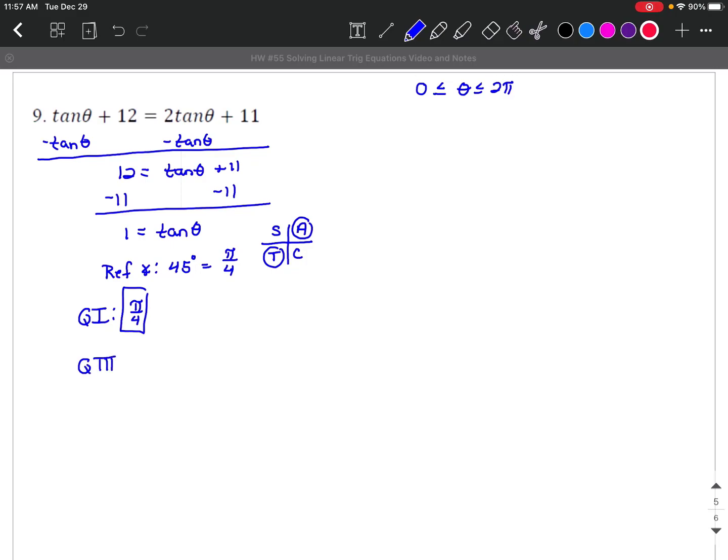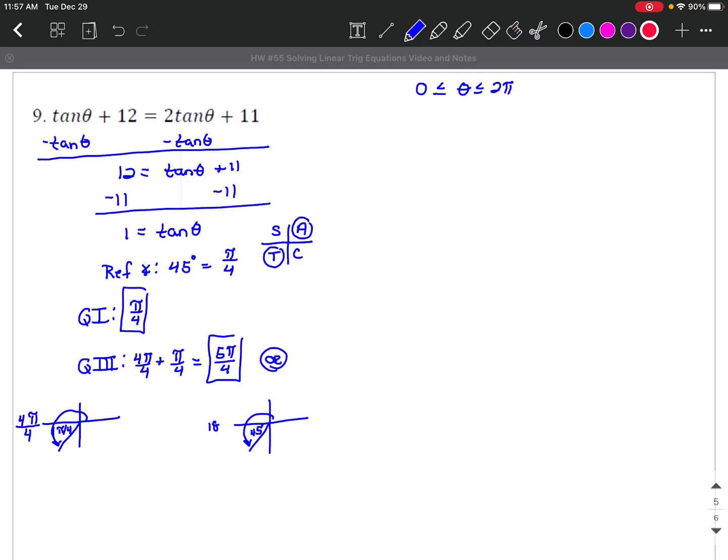And then quadrant 3. So if we're in the third quadrant, that means we went pi over 4 past pi. But pi needs to be written with that same denominator, so it's 4 pi over 4, plus the 1 pi over 4 that we went past it, that's 5 pi over 4. Or, if you're working in degrees, you went 45 degrees past 180 degrees, so that would be 180 degrees plus 45 degrees is 225 degrees.